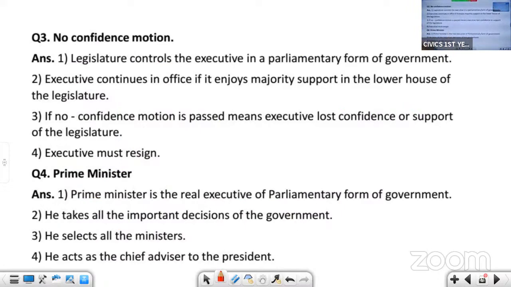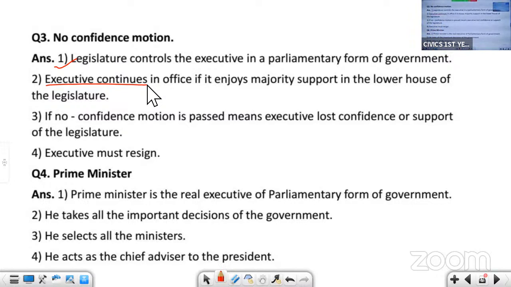Next is no confidence motion. I have been using this word, so let us see what this is. The legislature controls the executive in parliamentary form of government. This point we know. The executive enjoys their position or office till they have the support, the majority support, of the members of the legislature.